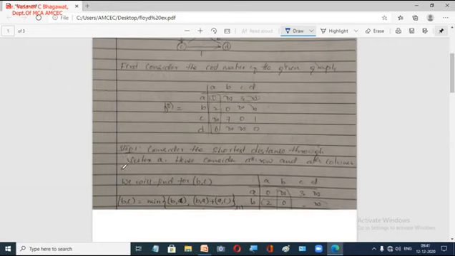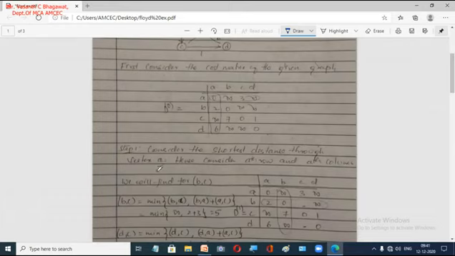Now first step, we consider the shortest distance through vertex A. One by one, we start with vertex A, then B, then C and D. So we have to find all the shortest paths from vertex A to all the other vertices of our graph. Since we start with A, we consider the A-th row and A-th column.